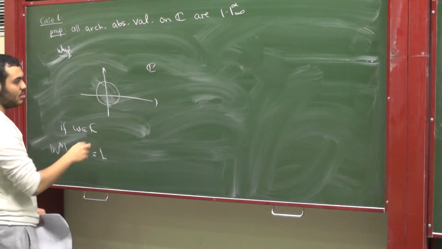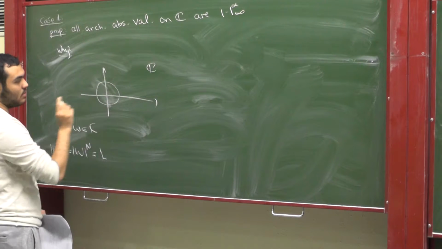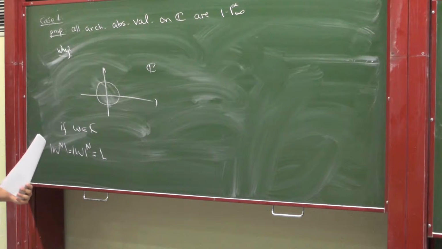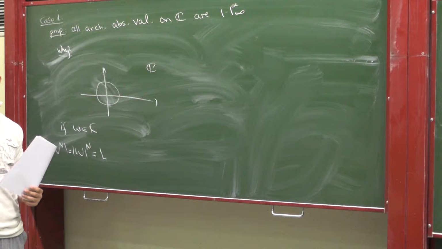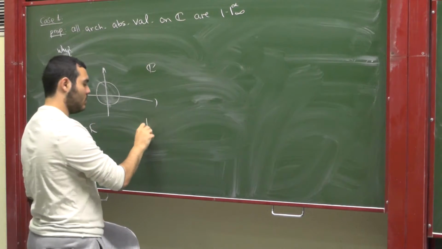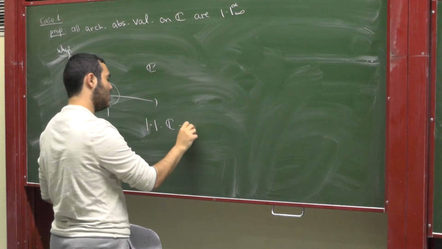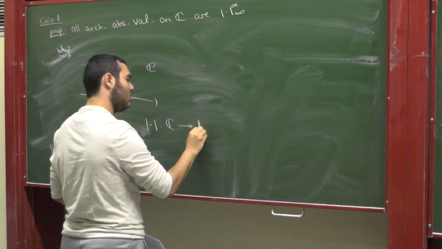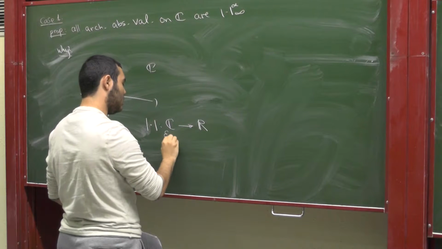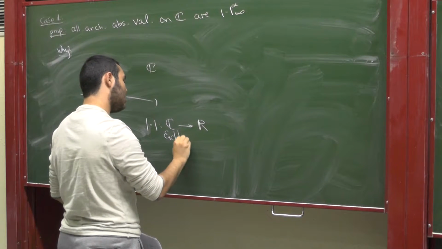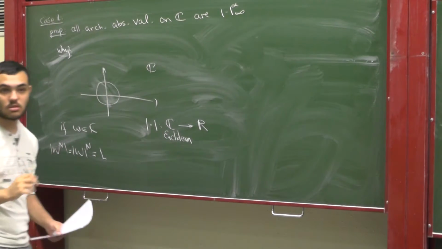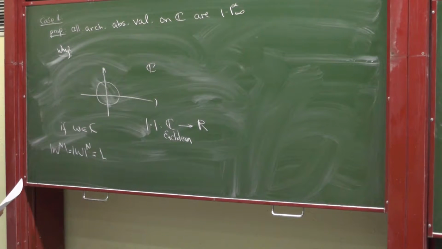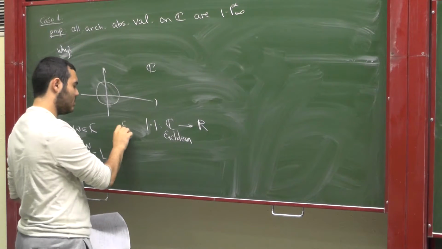But the set of such is dense in the circle for the regular topology, the Euclidean one. Okay? So you do need to show, and this is an exercise, that this map, with the Euclidean topology, is continuous. This is basically the triangle inequality. Exercise.